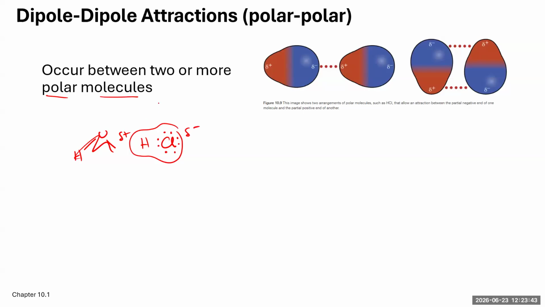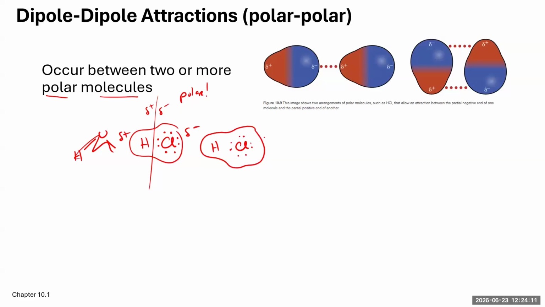And we learned that if you could split this molecule, there's a partially positive side and a partially negative side, this is polar. Because it's polar, these molecules can stick together. What happens if there's another HCl, right?